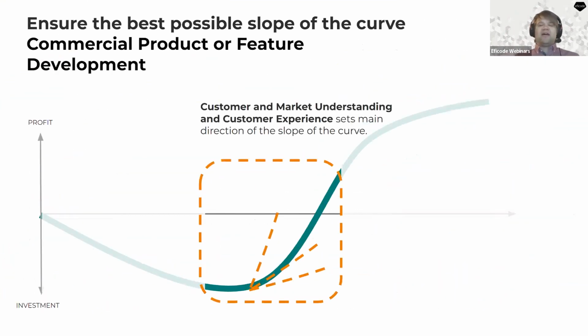So then, as said, the slope of the curve is very important in order to get the products or releases or features to be profitable. And actually, one of the main things here is: have you understood the customer need? Have you set the customer experience correctly?